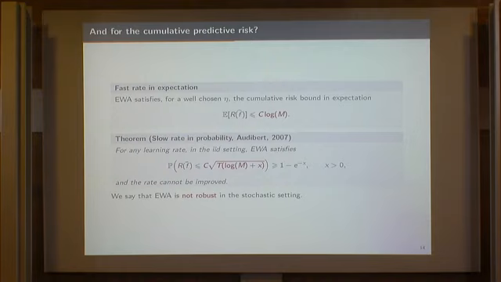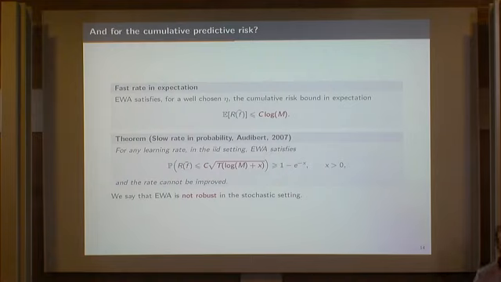your cumulative risk. All right, so what he showed is that for any learning rate, in the most simple case, the IID setting, so we are not talking about the adversarial setting, the nature just plays IID nicely, EWA simply satisfies the following: the cumulative risk is smaller than a constant times square root of t, times a certain constant, with high probability.